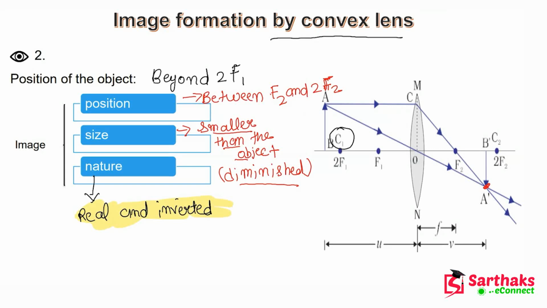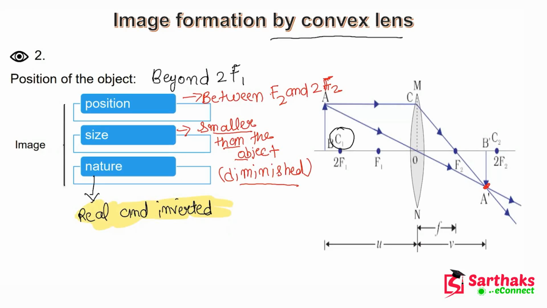Let me again explain it for your basic understanding. This is our object. It has been placed beyond F1, and to obtain the position of the image, we made a ray.